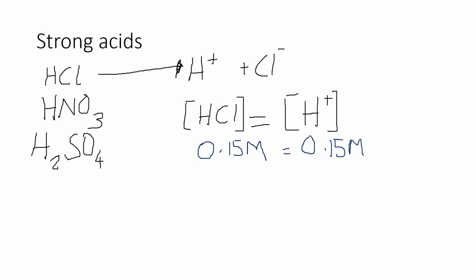And therefore we can work out the pH, because we know that pH is minus log of H+, which is 0.15, and this comes out as 0.82.